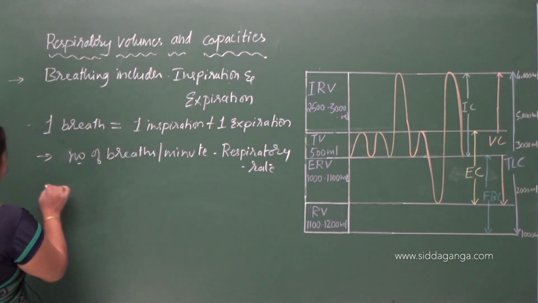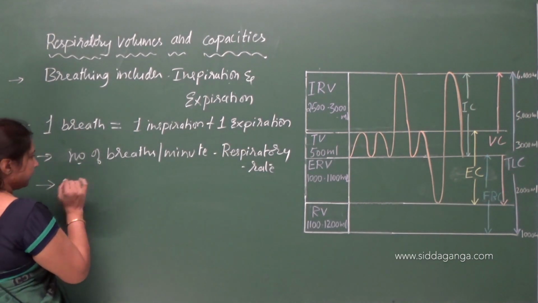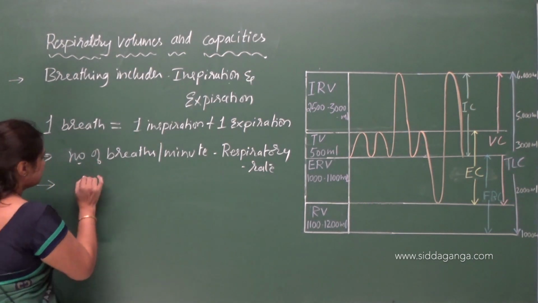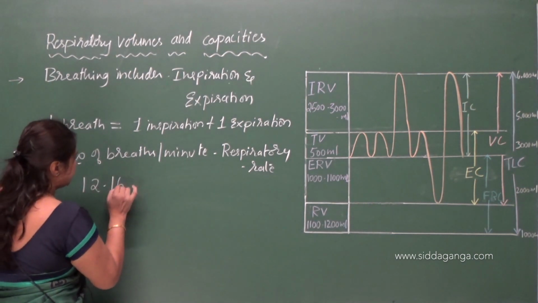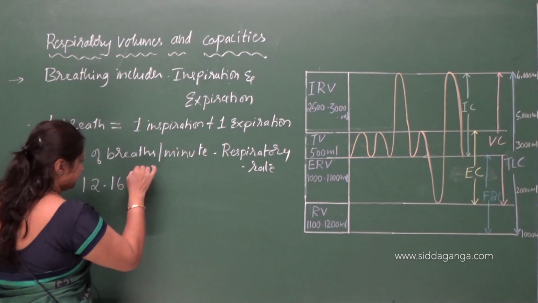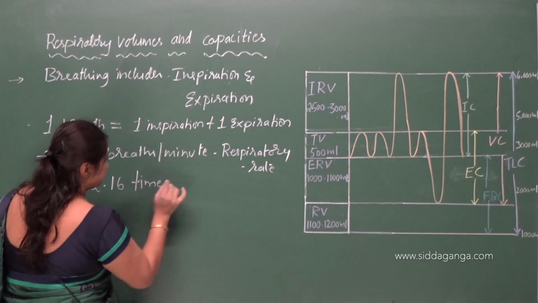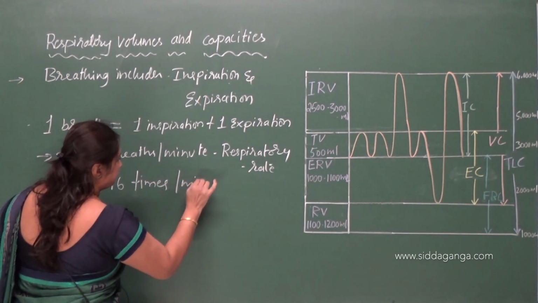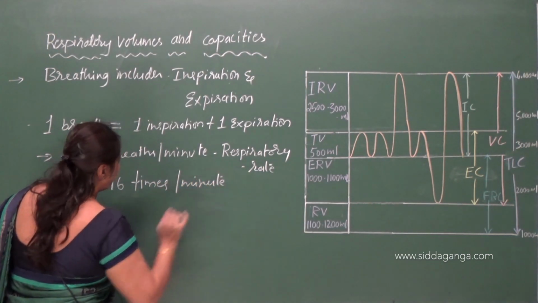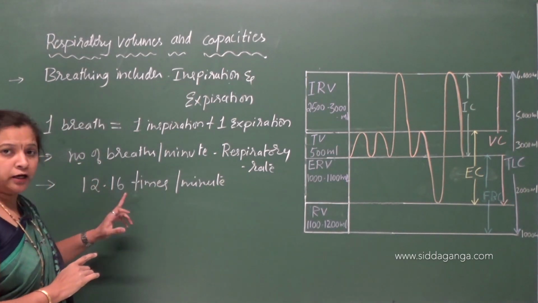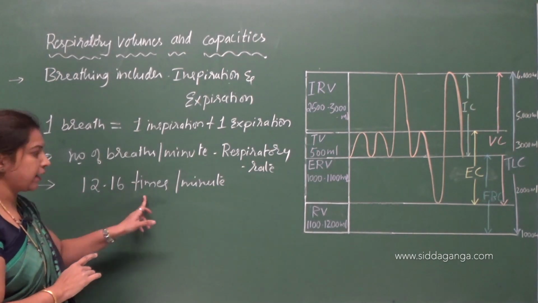The normal respiratory rate in an adult human is 12 to 16 times per minute. So what is the normal respiratory rate? In a healthy adult human, it is 12 to 16 times per minute.